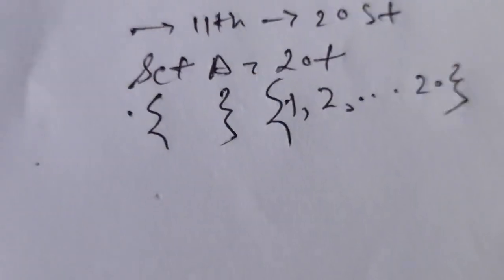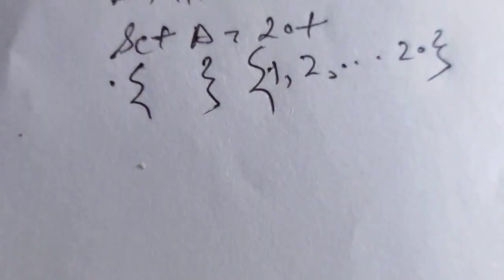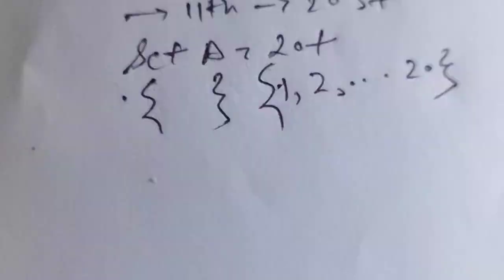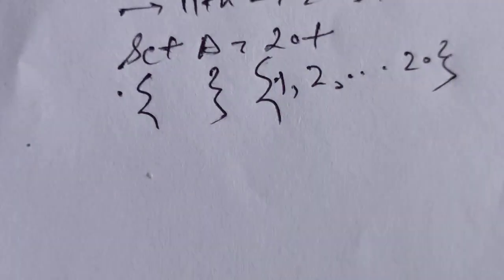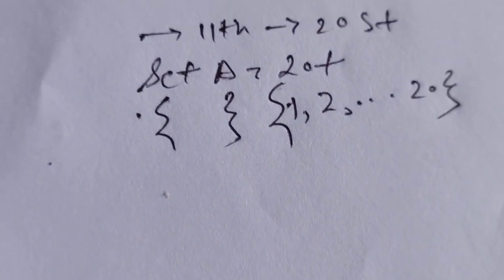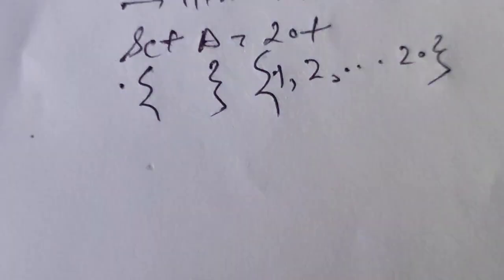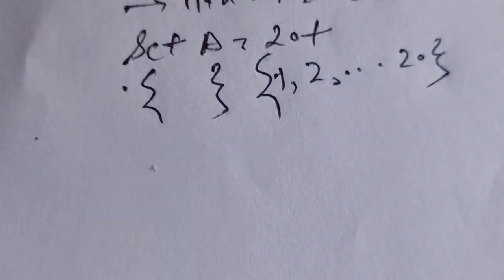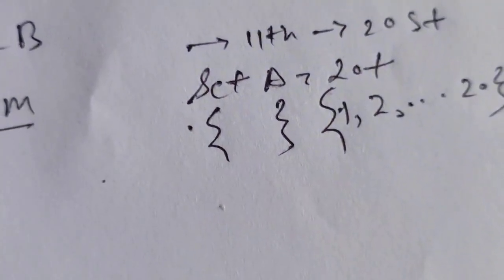For example, say 10 people in your class are above 6 feet tall. In the roster form you write their names or roll numbers, using curly brackets and commas.